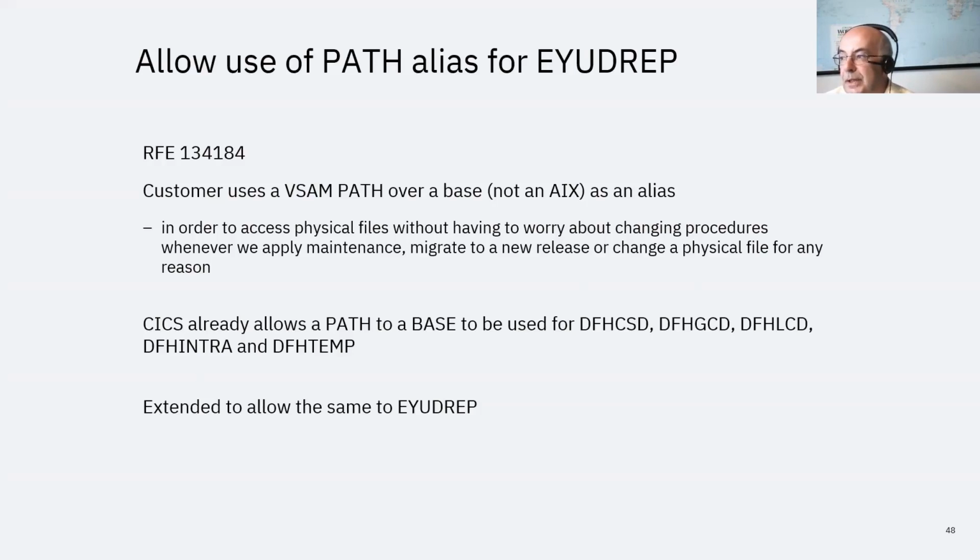So, for example, in all their JCL, they would use a generic alias name, and then the base name would have the specific CICS release in it, which meant when they moved CICS releases, they didn't have to change any of their JCL. They just changed the aliasing. And so we'd previously made some enhancements, I think in 5.6, to allow this to be applied to the CSD, the catalogs and intra and temp. But we missed one. They wanted it also for the EYDUREP CPSM repository. So we've added that one in open beta.